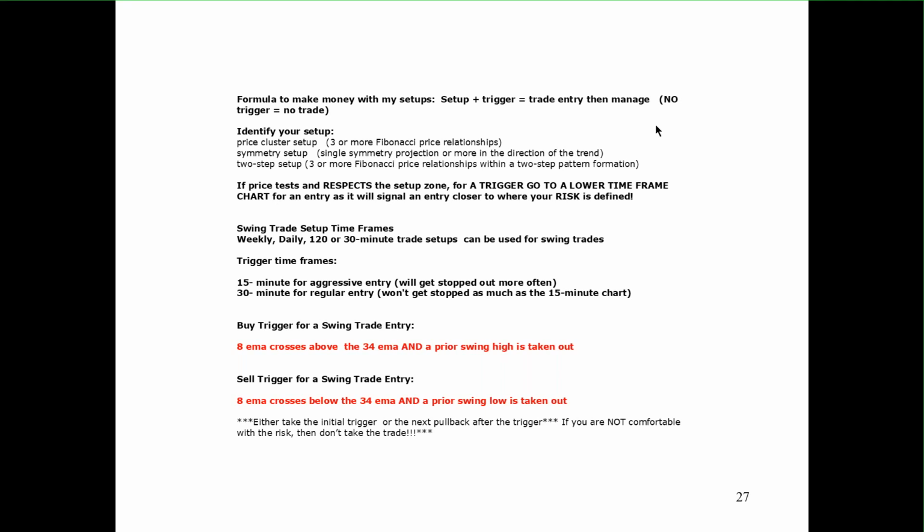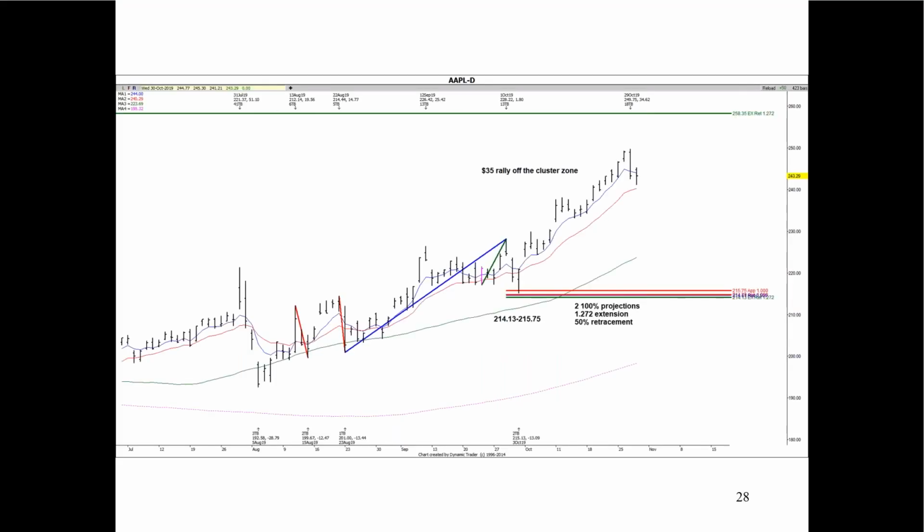But the general idea is to identify your setup, and I basically run the setups for you. And then we look for triggers if a zone is respected. So I don't want to go over these in detail because the actual trading plans will help you do that.